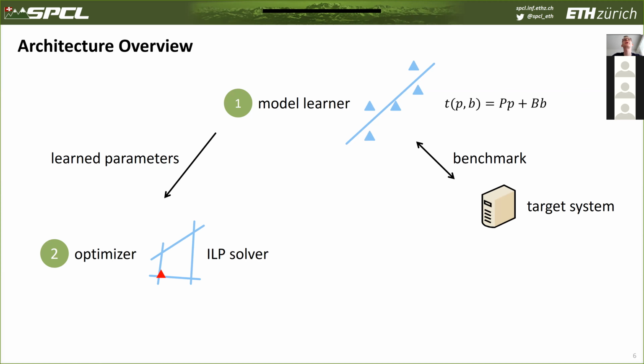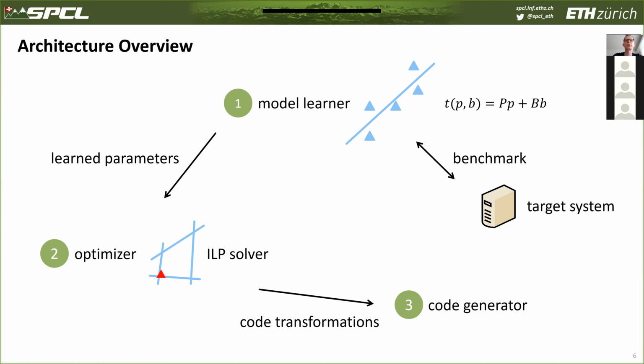So what fusion can we do? What tile sizes can we choose? And it also uses these learned model parameters to compute the estimated execution time for these solutions, and then searches the best code transformations for the Stencil program given the performance model.